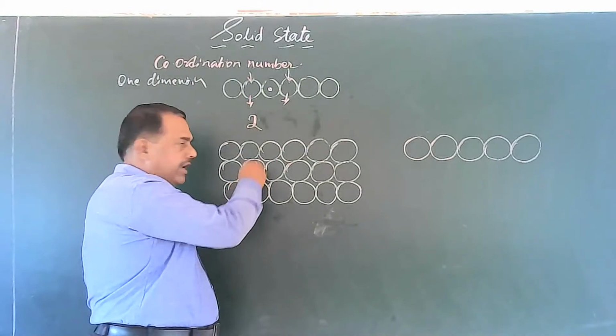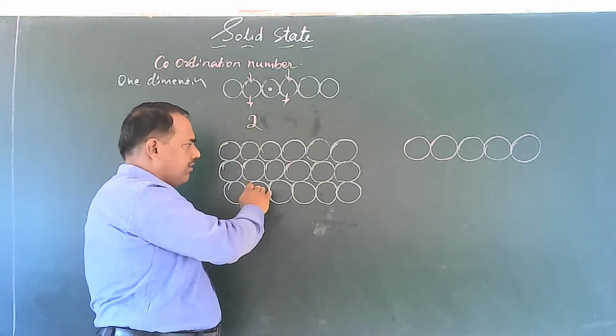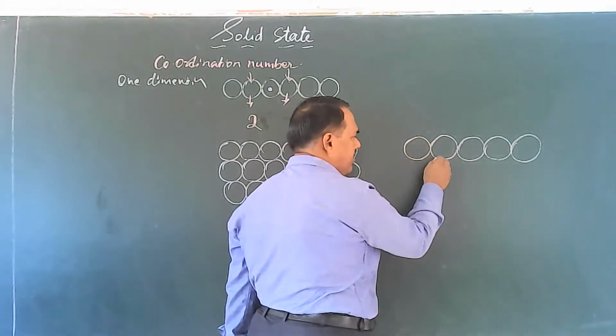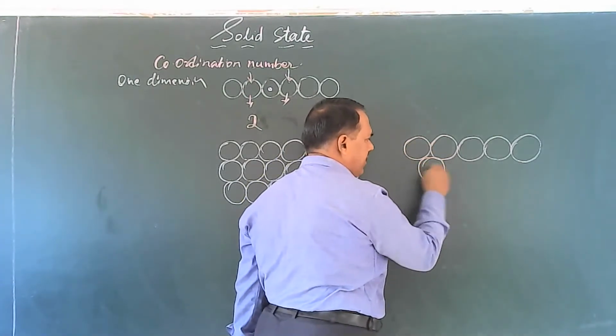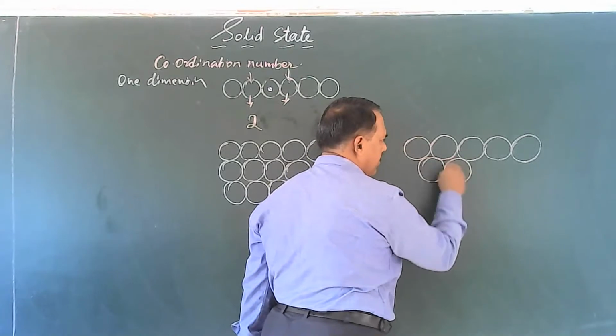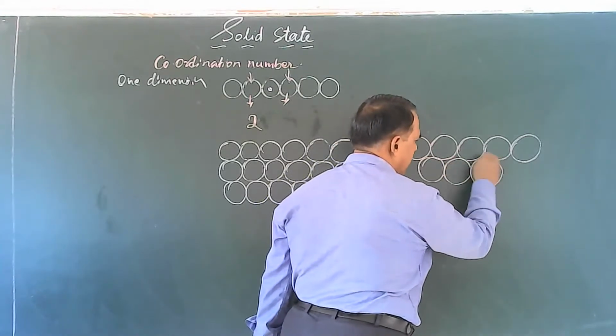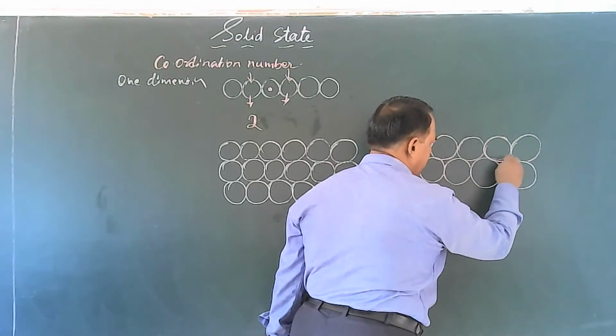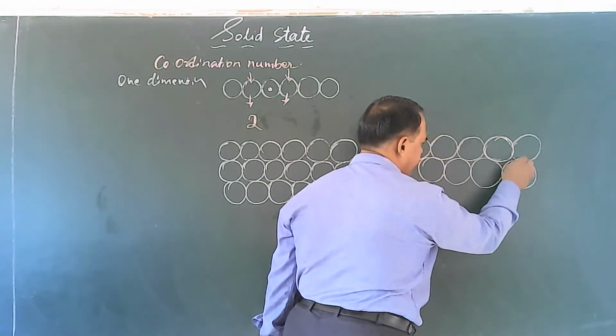Here, the second layer is placed exactly below the first layer, and here, the second layer is placed in the depressions of the first layer. Are you clear?